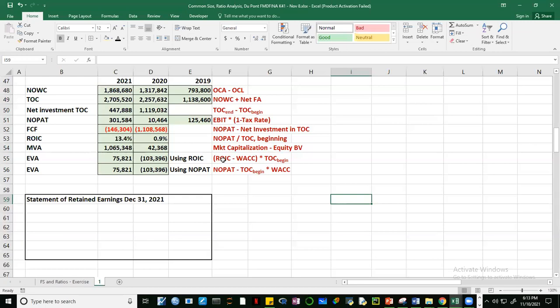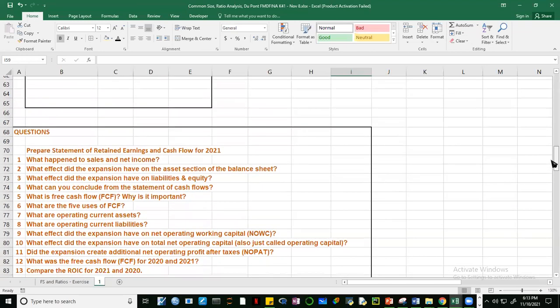The only difference is that it's ROIC times TOC. All right, so with that, guys, we now go to the ratios, the 5 general classifications of ratios.